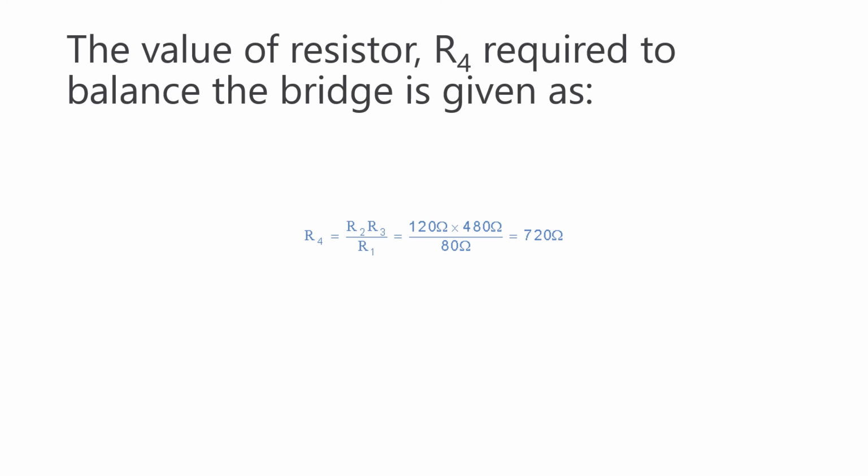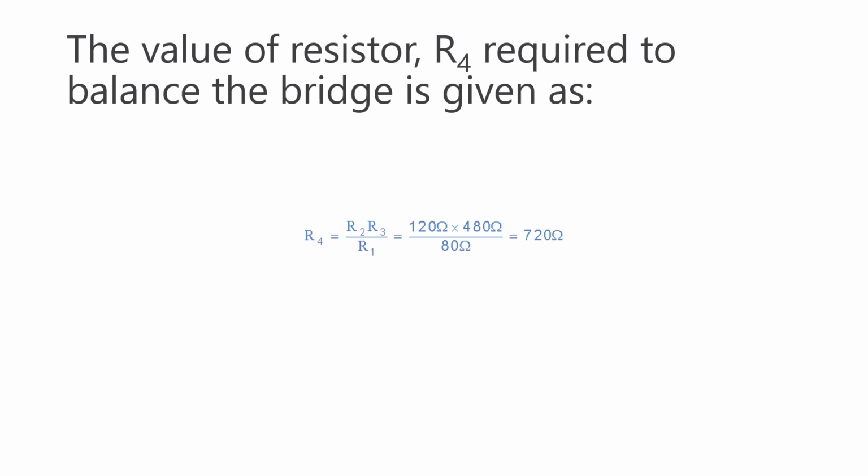Here, as per the bridge balance equation, Z1 at an angle of theta 1 times Z4 at an angle of theta 4 must be equal to Z2 at an angle of theta 2 times Z3 at an angle of theta 3. So, equating only the magnitudes, the bridge balance condition is Z1 Z4 = Z2 Z3.